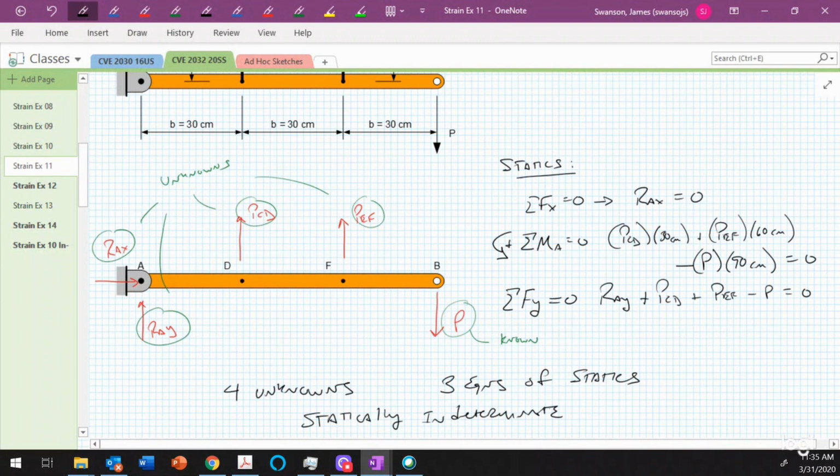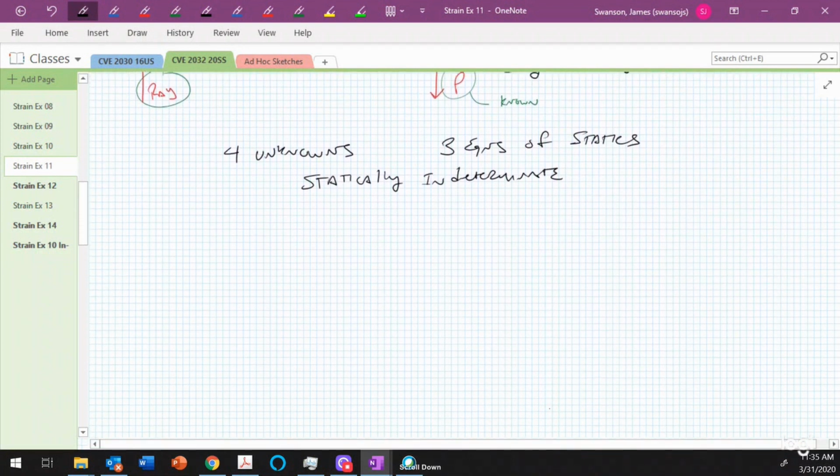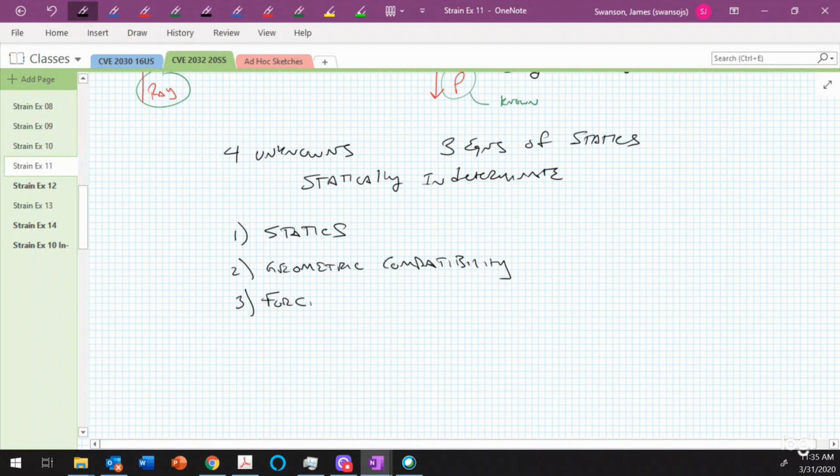Okay, what does that mean? That means that we have a problem where we can't solve for internal member forces using the equations of statics alone. And that means we're going to have to use all 3 of our tools in our toolbox in order to come to the final answer. So the first tool is statics. Second tool is geometric compatibility. And the third tool is force deformation relationships, or I called them constitutive relationships in the last example.